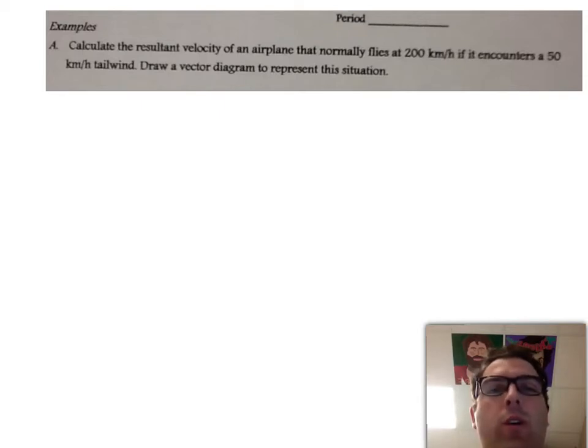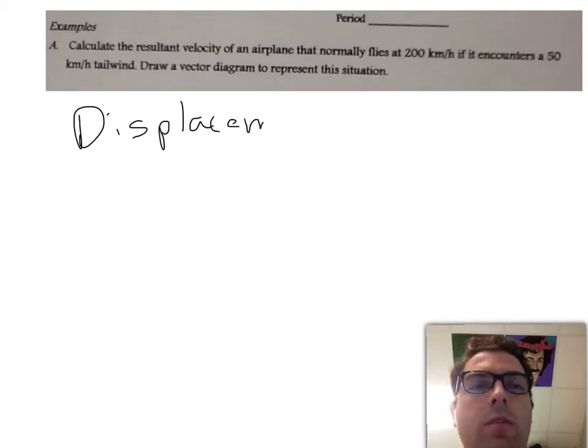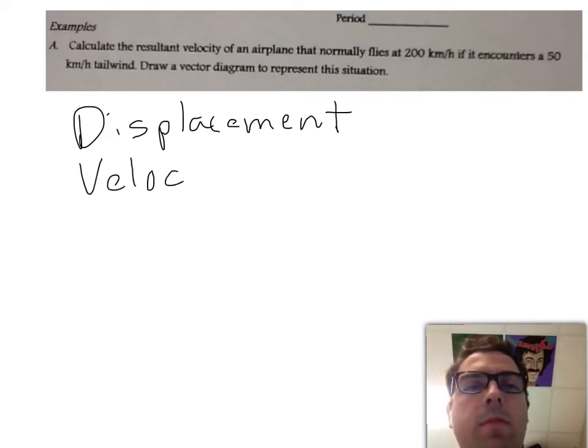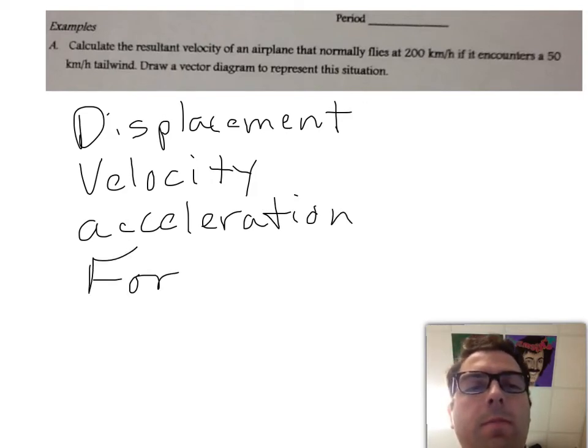So, what we're working with today is vectors, and remember that a vector is representing anything that has a magnitude and a direction. A couple of examples of vectors would include displacement, and velocity, and acceleration, and force, which all of these you'll be working with today.